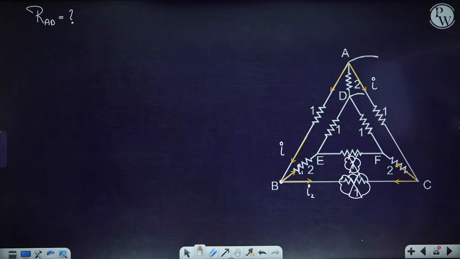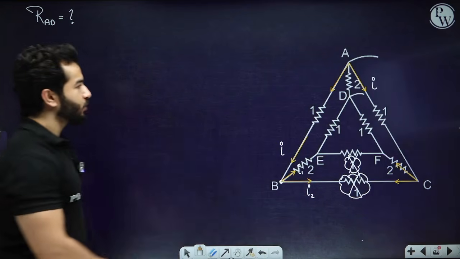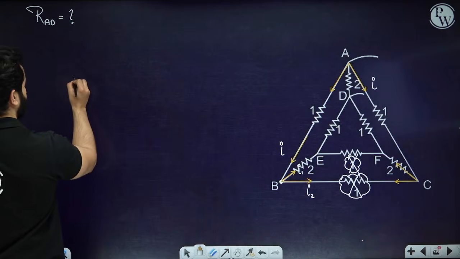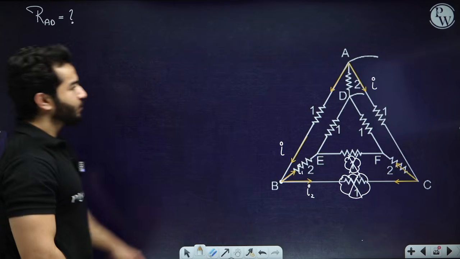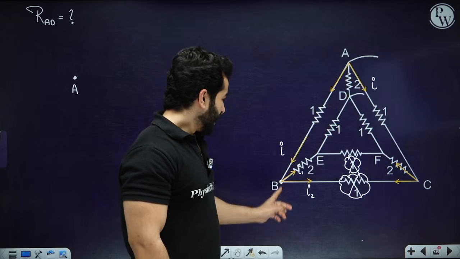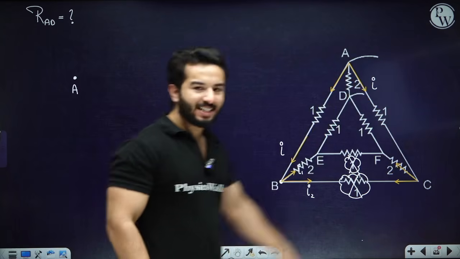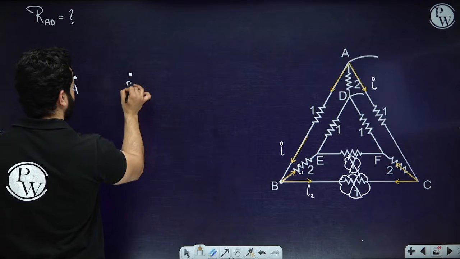So now to solve these problems in a similar way, what we are going to do is write point A over here. And we know that from point A equal current will distribute, right? And points B and C are at the same potential. So let's just mark points B and C something like this.